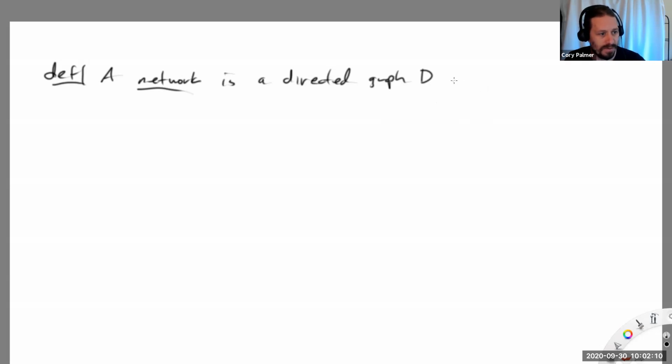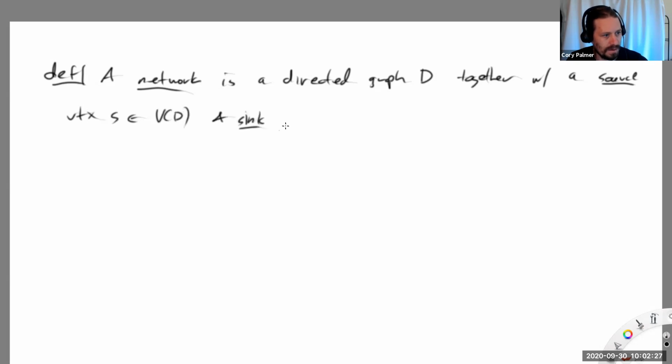So directed graph together with a source, vertex S, which is just a vertex of the digraph, and sink vertex T. So they're just specially identified vertices of the digraph that are going to have special properties, and what's called a capacity function.